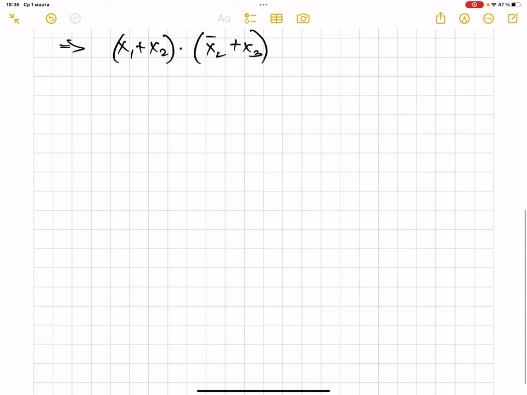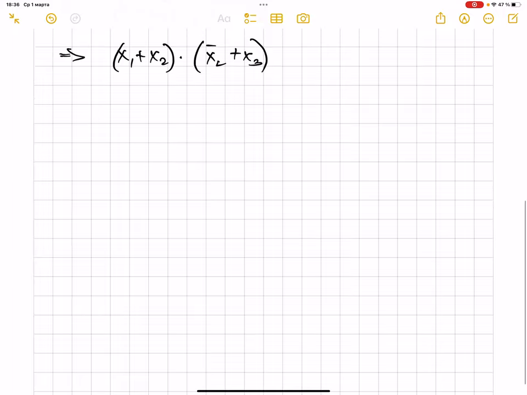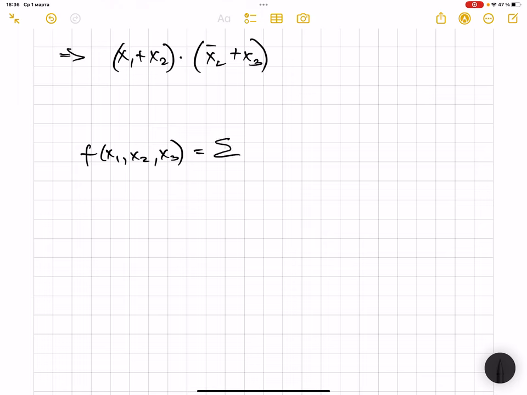So now let's consider another task. In this task, you're given a function with 3 inputs, and you're given the sum of products, the Min SOP. You're already given the Min SOP.